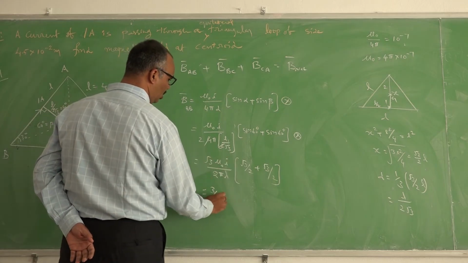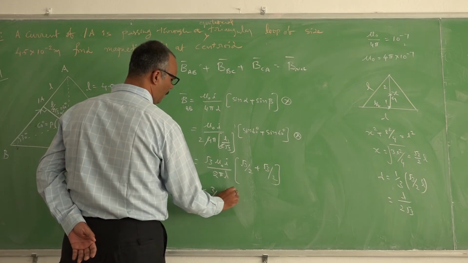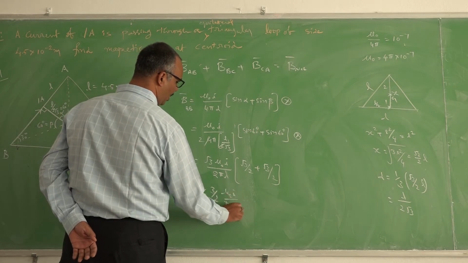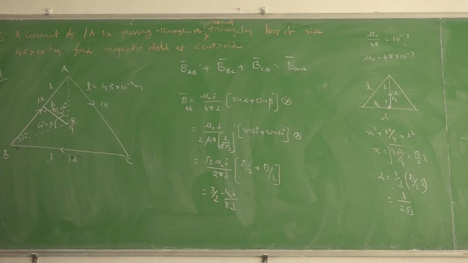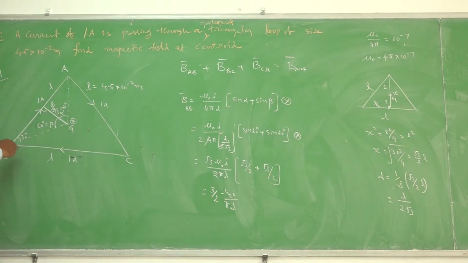So 3 by 2 mu naught I by pi L is the magnetic field due to a single side of the triangular coil.